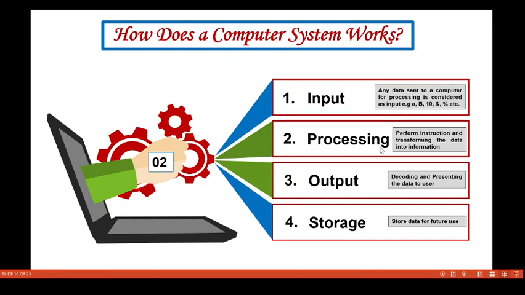The assembler that I just mentioned is also part of this processing, because it helps in translating the high-level programming language into low-level programming language, which the machine can understand. Then after processing, it will bring out the result, which is decoding and presenting the data to a user, and it will store the result for future use. This is just to brush up our knowledge on how a computer system works.